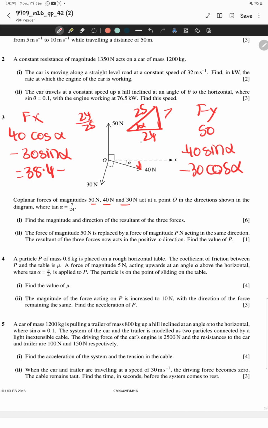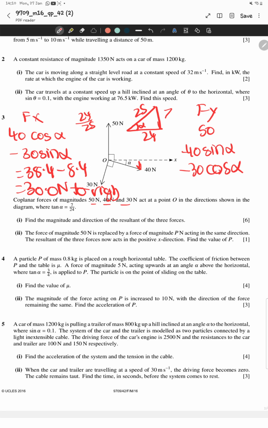Sine would be opposite over hypotenuse, so 7 by 25 into 30, 8.4. So it'll be 30.0 newtons to the right, because this is the force to the left, this is the force to the right. If you resolve them, you find that it'll be 30 newtons to the right.